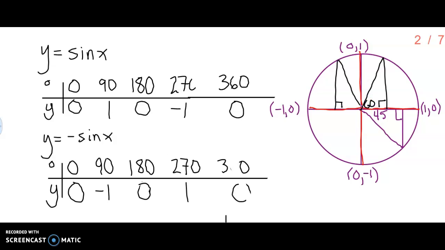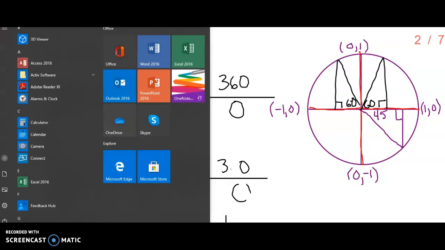And at 120, it's perfectly symmetrical with 60. So it actually makes a 60-degree angle with the x-axis, so it's the same value as 60.